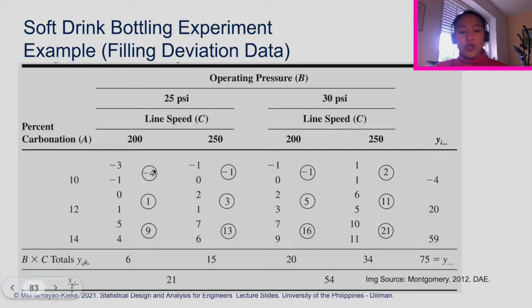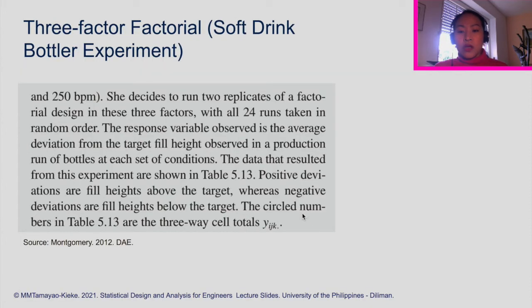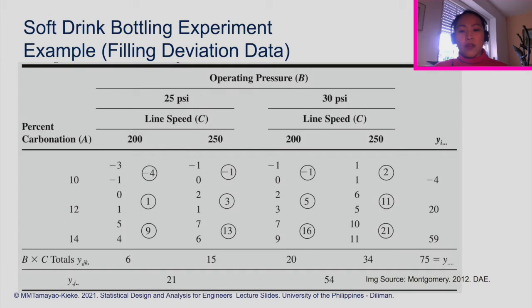And as mentioned earlier, the circled numbers are the three-way cell totals. So -4 here is the total for observations for level I of factor A, level J of factor B, and level K of factor C. And these observations are -3 and -4.